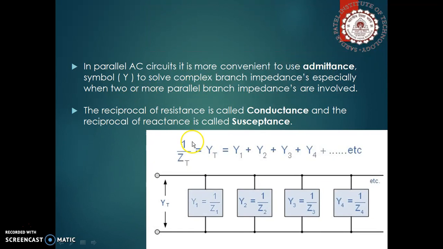And now the total admittance is the sum of the admittances of each parallel branch, where the admittance Y1 would be 1 upon Z1, admittance Y2 would be 1 upon Z2, and so on.